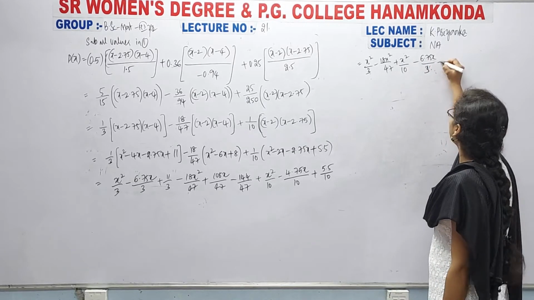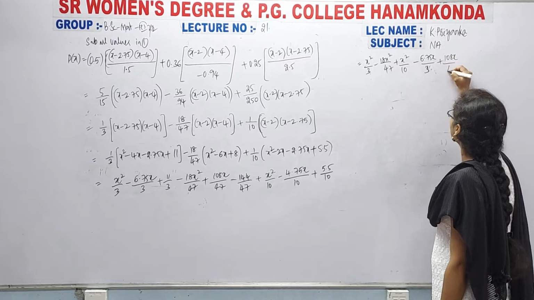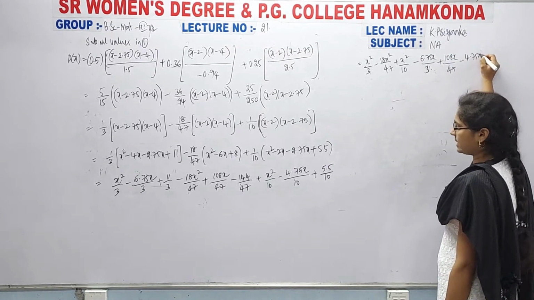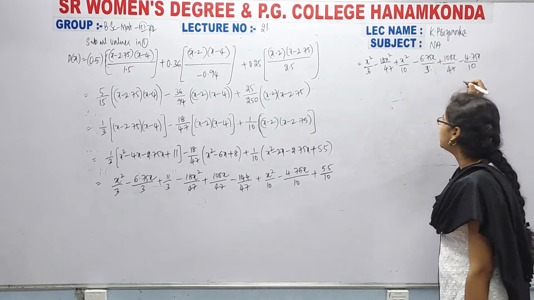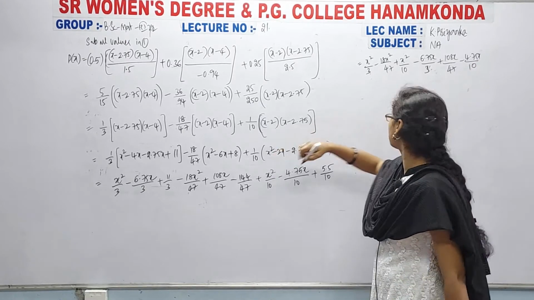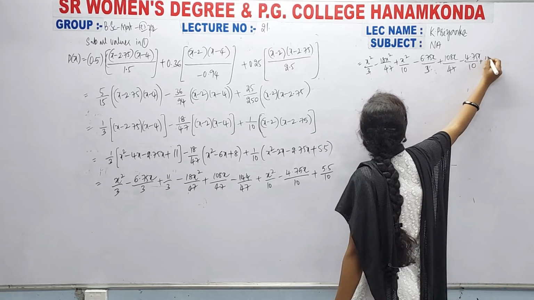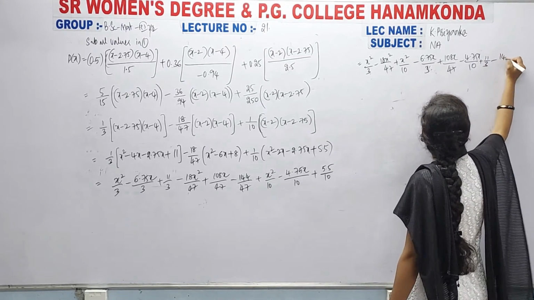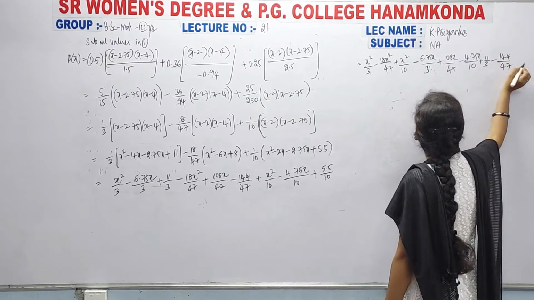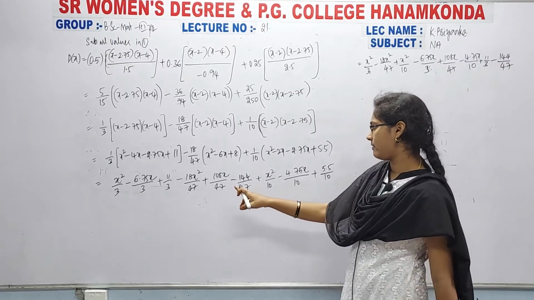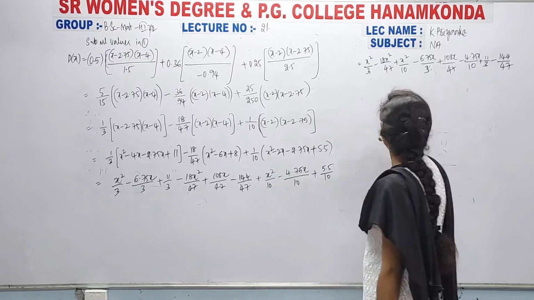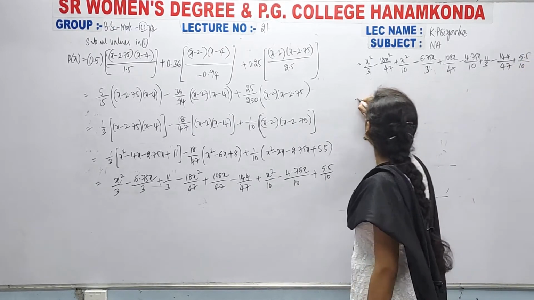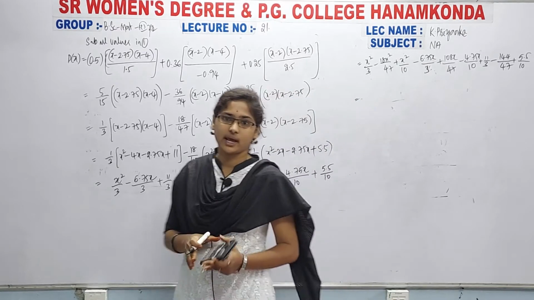Next plus 108 x by 47, minus 4.75 x by 10. Okay, so the next here what we have, constant plus 11 by 3, and next constant is minus 144 by 47. Then next what we have, plus 5.5 by 10.